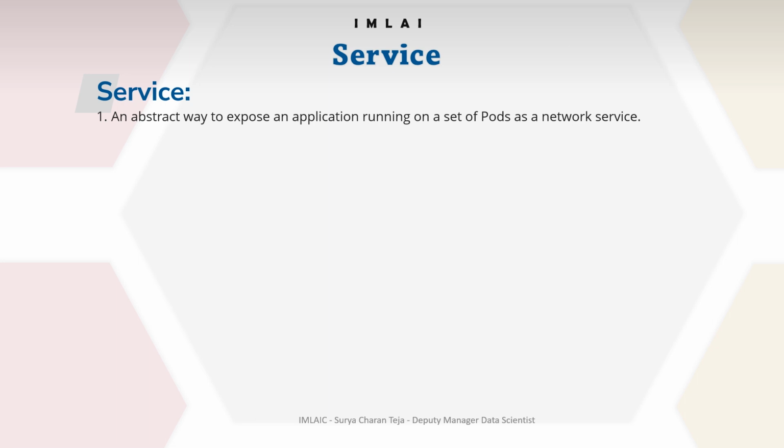A service is an abstract way to expose an application running on a set of pods as a network service. With Kubernetes, you don't need to modify your application to use an unfamiliar service discovery mechanism.